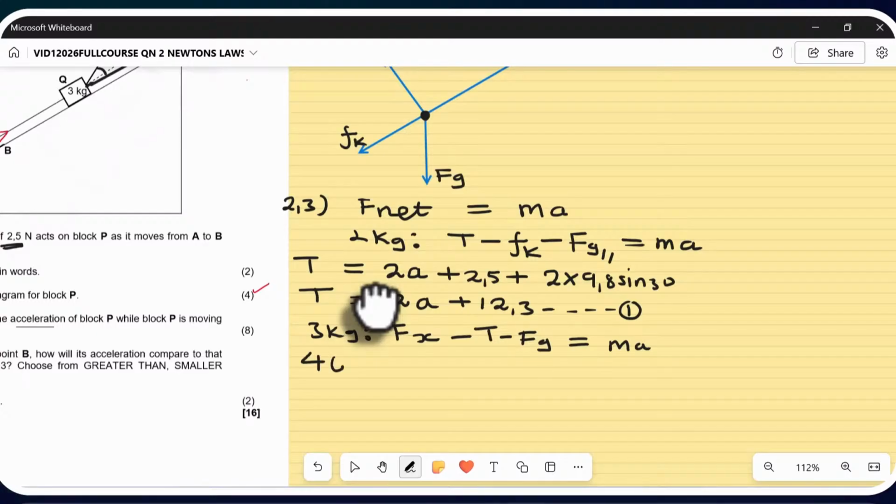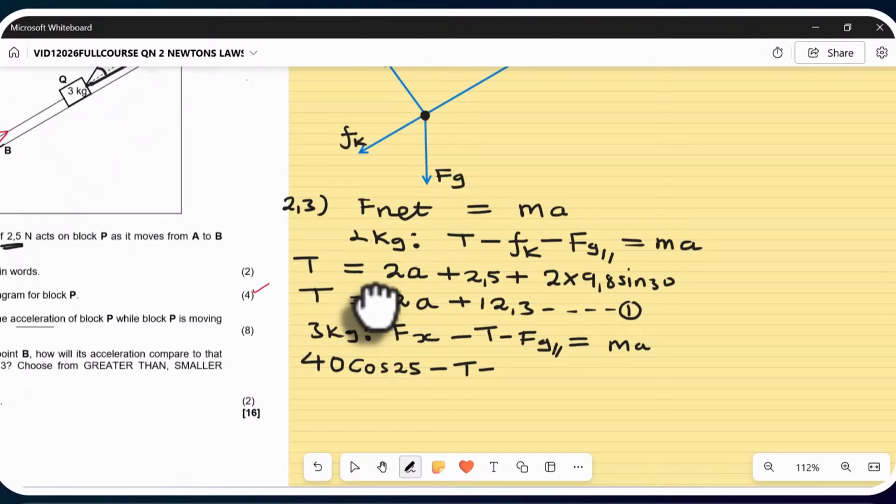The m is 3, times 9,8, times sine 30, since the angle of inclination is 30, equals 3a.